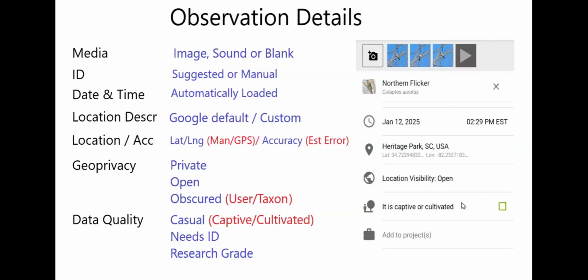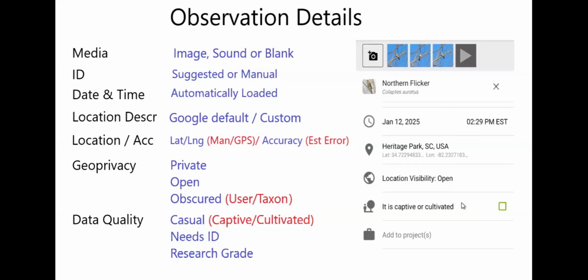You've got the latitude, longitude, and the accuracy or estimated error, depending on how you've recorded that information. Some apps and programs don't record the accuracy. For instance, if you shoot it with your phone and upload it directly, most phones will upload the accuracy metadata. But if you take the picture and then upload it later, that metadata would be lost. So you'll get the latitude and longitude, but you usually won't get the accuracy.